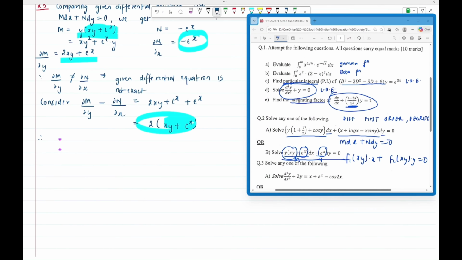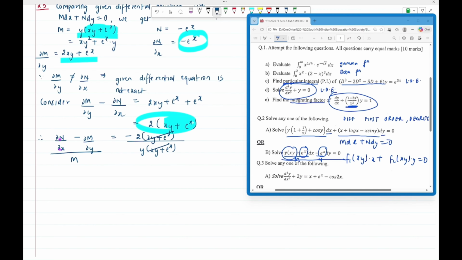So we have here partial derivative of N with x minus partial derivative of M with y, divided by M, is equal to, now since this was partial M with y minus partial N with x, we have to introduce a negative sign. So negative 2 times (xy plus e raised to x) divided by M, which is y times (xy plus e raised to x).